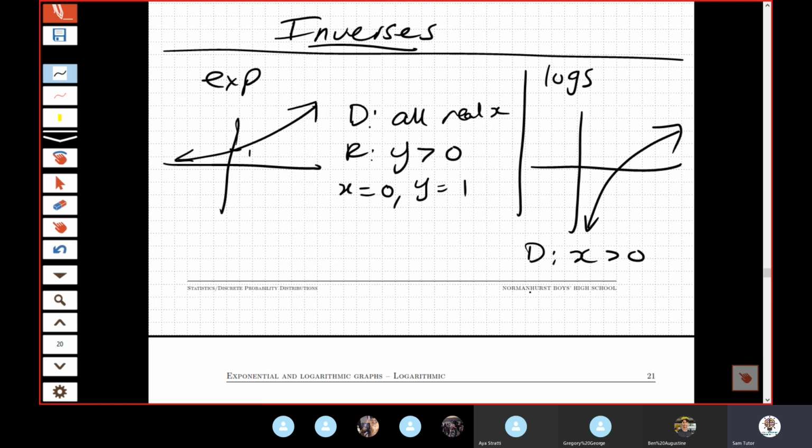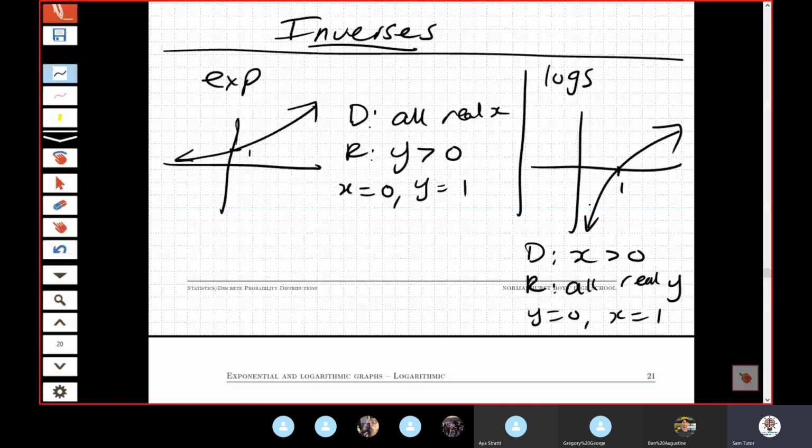Flipped. Your range is all real y, and when y is equal to 0, x equals 1. So when x equals 1, y is equal to 0. Exactly like that. All real y, which we can see, and x must be greater than 0. You can't log a 0 and you can't log negatives.